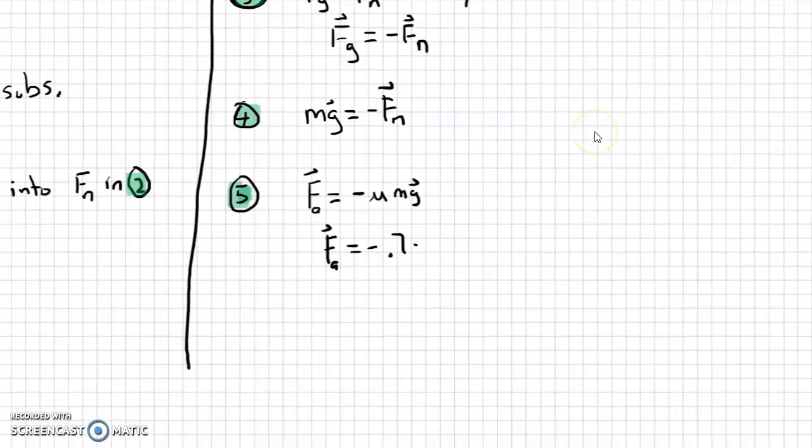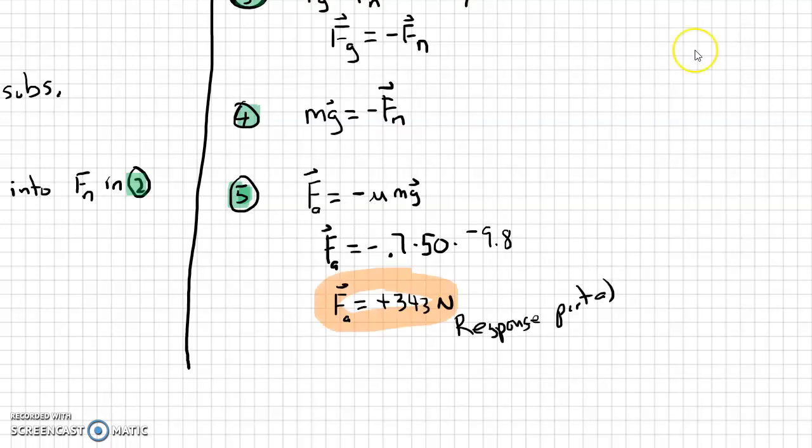So 50 kilograms goes in here. And then we're going to multiply that by the negative 9.8. All right. So after plugging this into my calculator and doing the calculation, I actually end up with a positive 343 newtons as the response for part A.